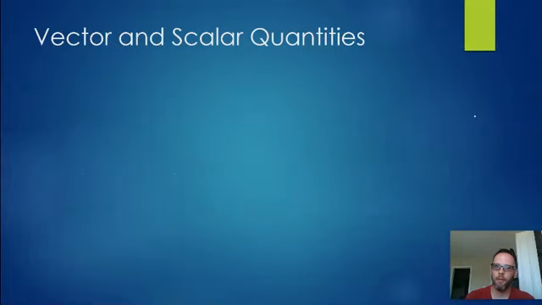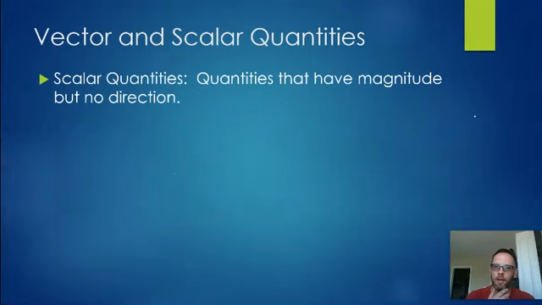The first thing we have to talk about is the difference between vector quantities and scalar quantities. A scalar quantity, and this you would learn in grade 11, is a quantity that has magnitude but no direction. Something like mass: your mass is 80 kilograms.